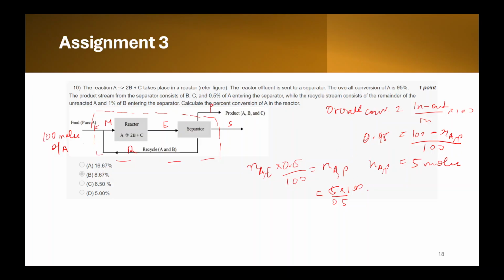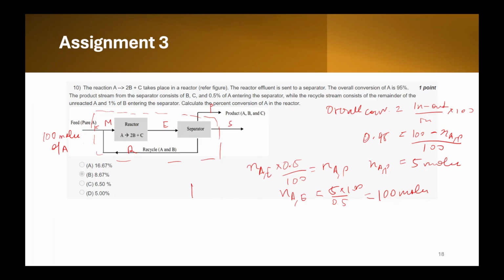This comes out to be 1000 moles. Okay, Na,E. So this is whatever A is coming into your separator.